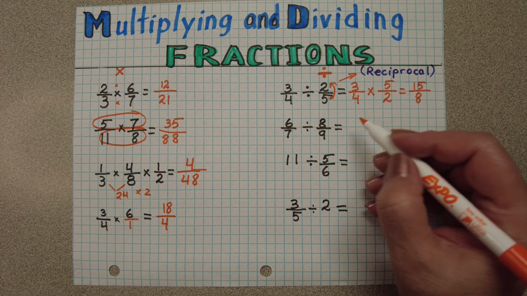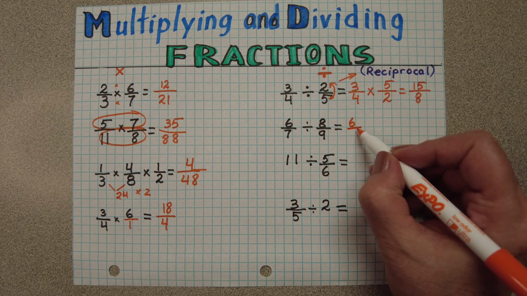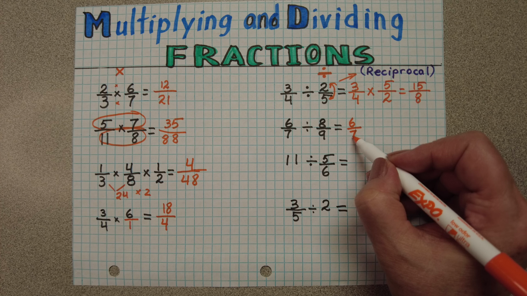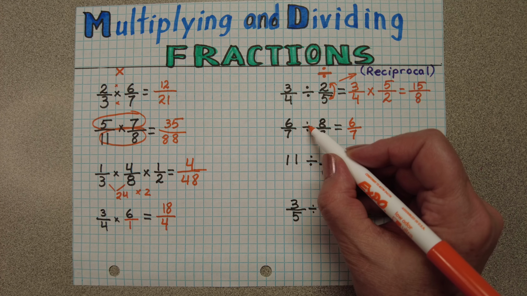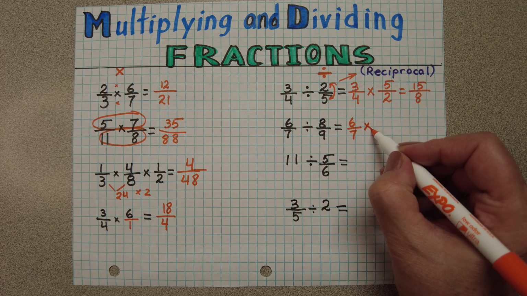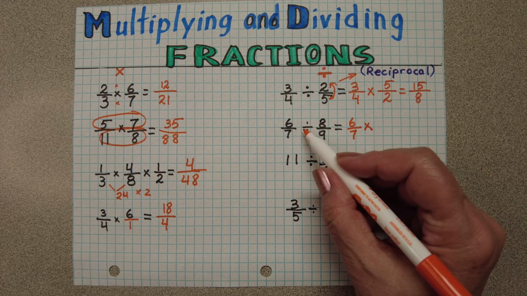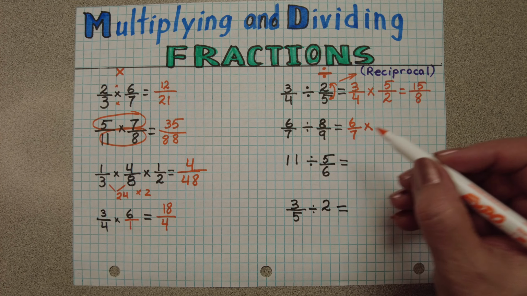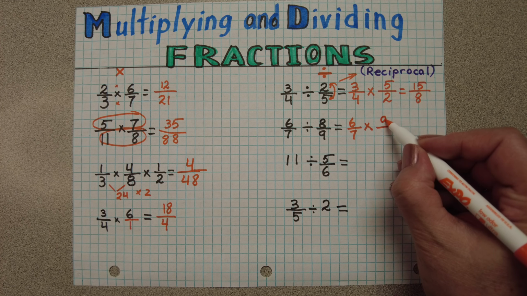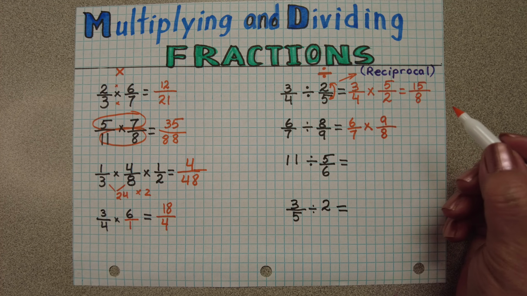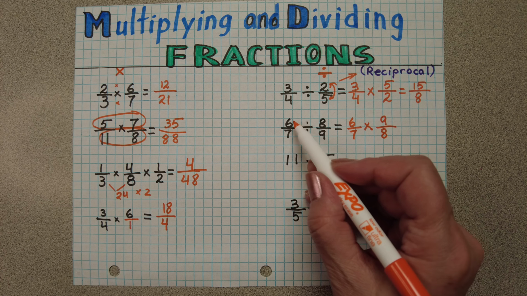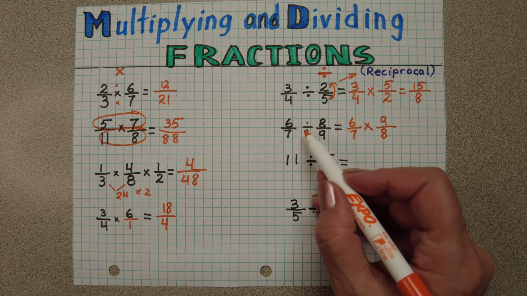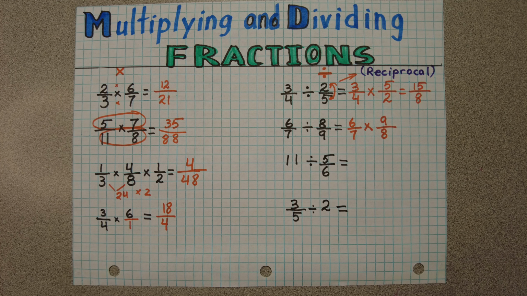As I said, we keep the first fraction the same way, 6 over 7. Instead of division, we do multiplication. And we make the second fraction reciprocal. We put 9 on top, 8 on the bottom. We can also call it cross multiplication, but we will do this later in harder math.